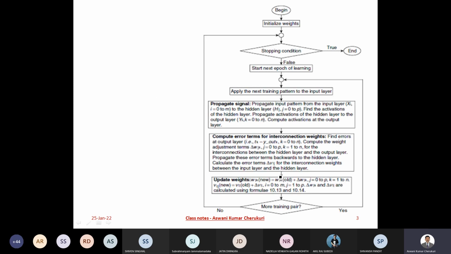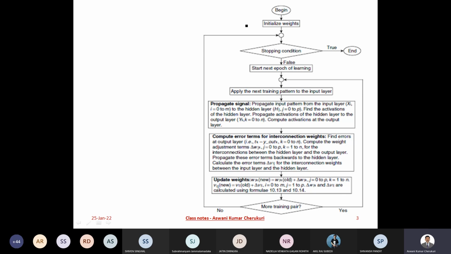So this is the flowchart of the backpropagation algorithm. There are many heuristics in this again, and we will discuss those heuristics in a different class. So you begin the learning process.